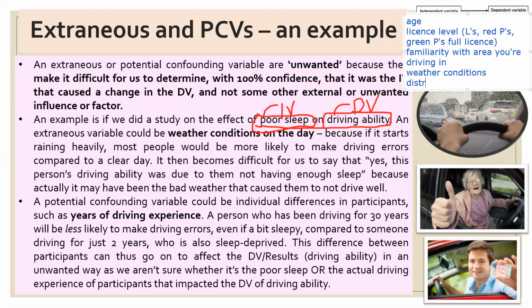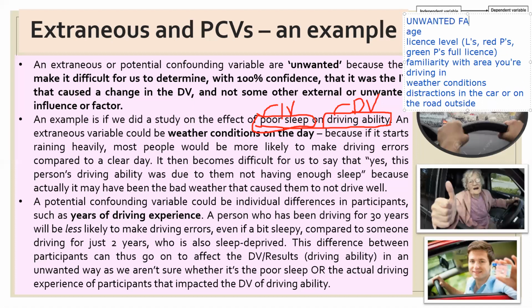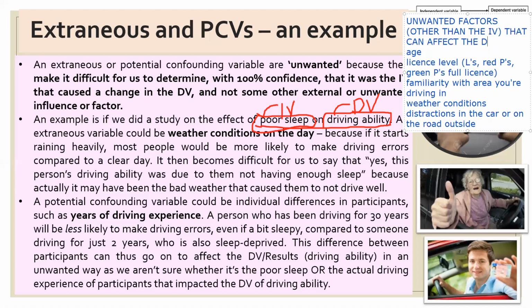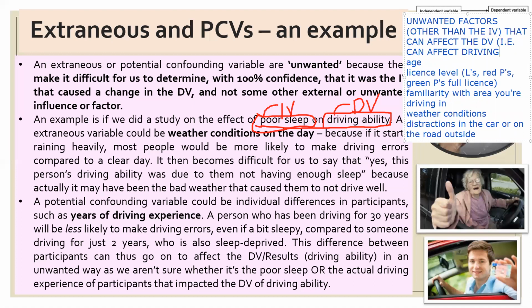You could talk about distractions in the car. If there's a lot of noise in the car or a lot of commotion happening outside on the road, you might get distracted. So distractions in the car or on the road outside can obviously affect your driving ability as well. A common thing between these is that they are unwanted factors other than the IV that can affect the DV, that is, can affect driving ability.